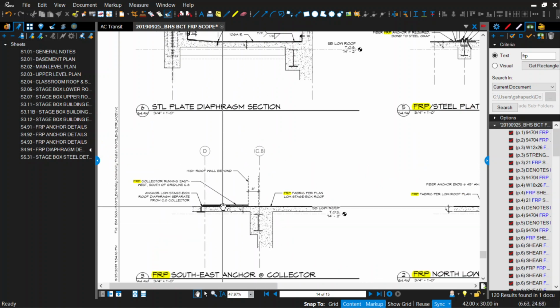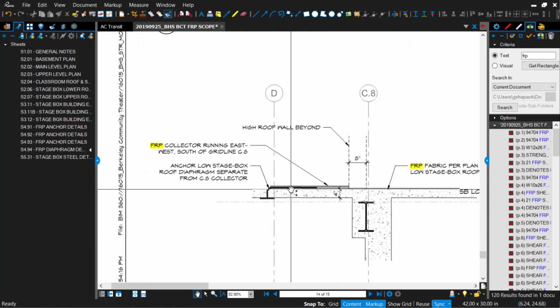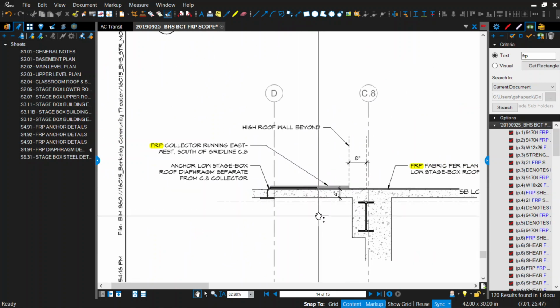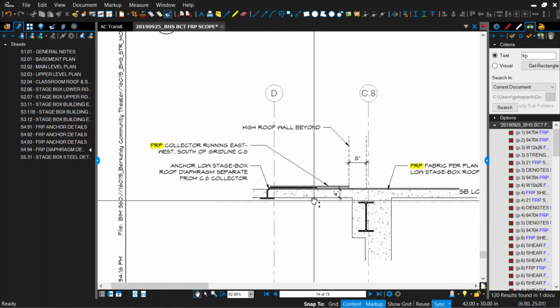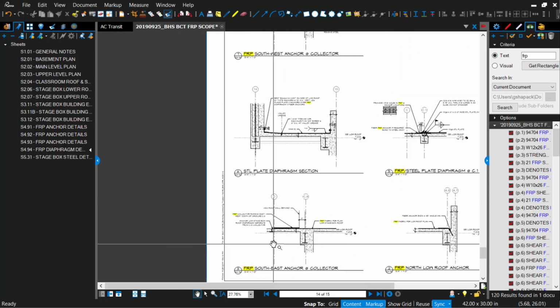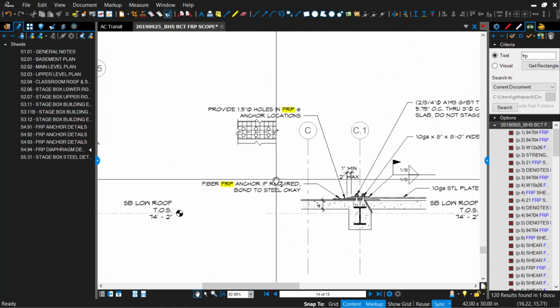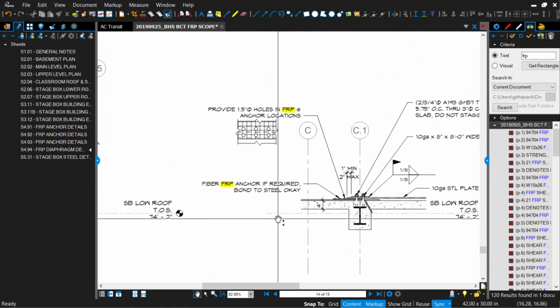But here, the engineer is putting details about where the collector strengthening goes and which layer is on top and all that. So it's kind of helpful because we have to make fewer decisions, but it also seems like it's going to be very confusing.